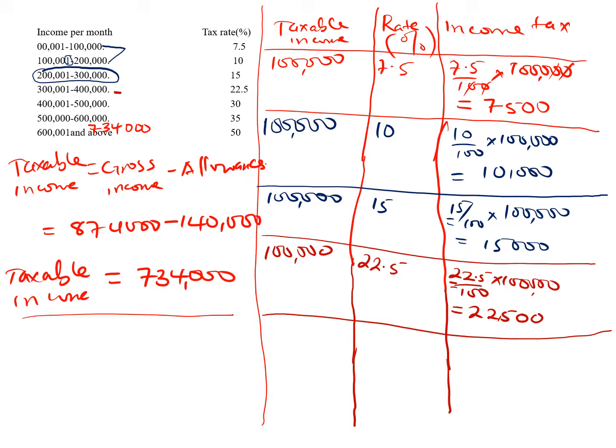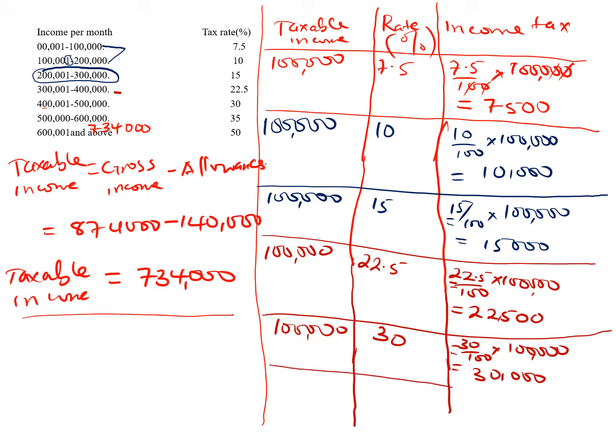Also we have another range, and then here we shall have now from 400,000 to 500,000, I'm still seeing 100,000, and then the rate is 30%, and then here 30 out of 100 times 100,000, we get the answer as 30,000.